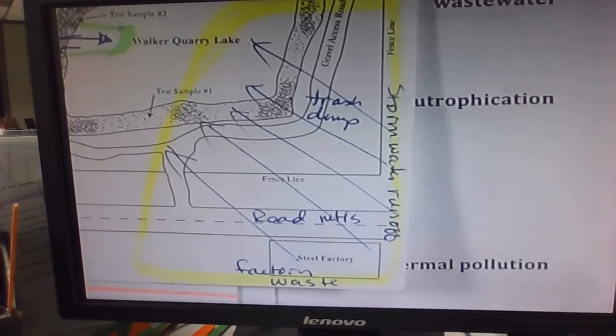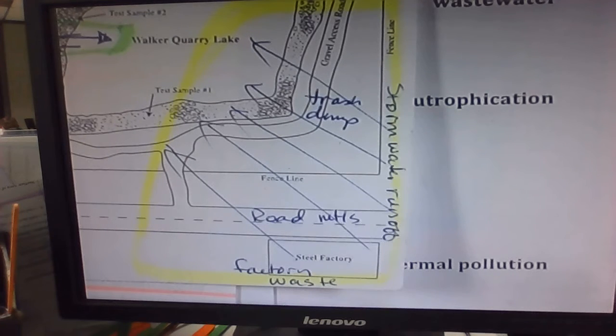And so this represents non-point source pollution. What does that say? Road materials, it's an abbreviation for materials.